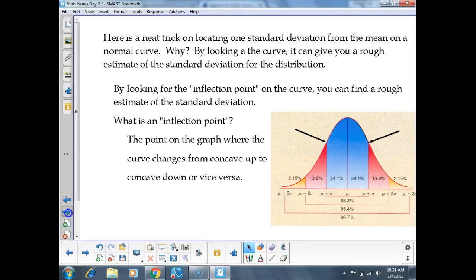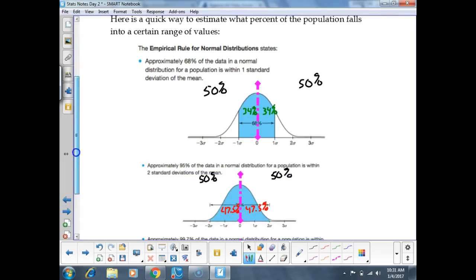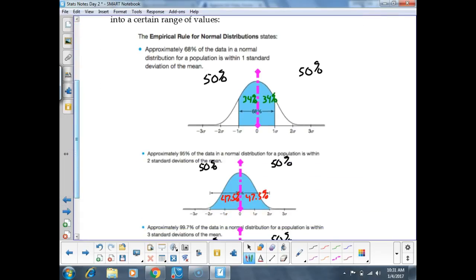So this says that this middle line right here, that was our median. What this is saying is that there is 34% one standard deviation off the median. Then between the first and the second standard deviations, there's 13.6%, which you would have gotten if we subtracted these two: 47.5 minus 34 is 13.5, okay?